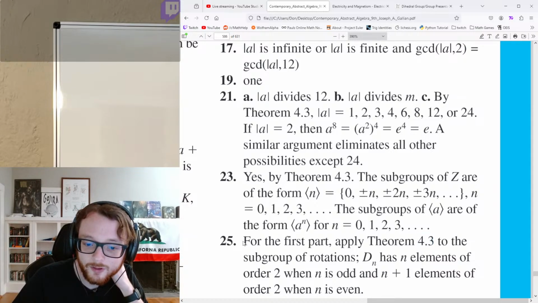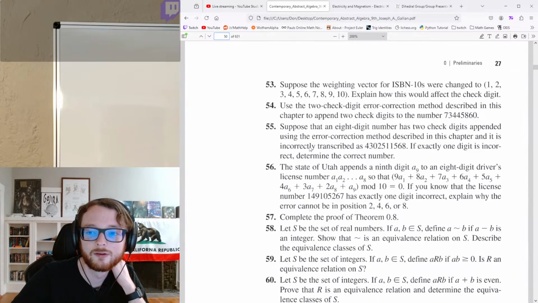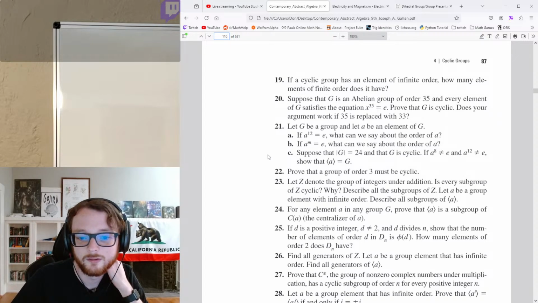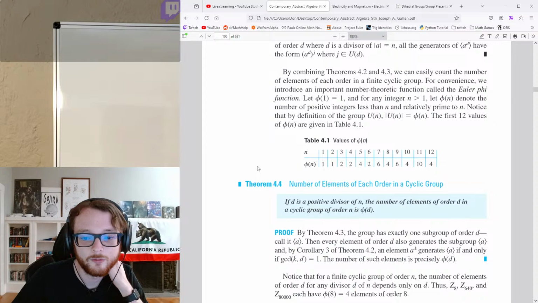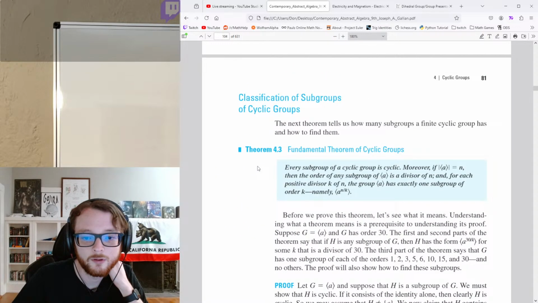Really? Okay, that's the entire proof right there. What page was I on? 110. But we need to see what theorem 4.3 is.